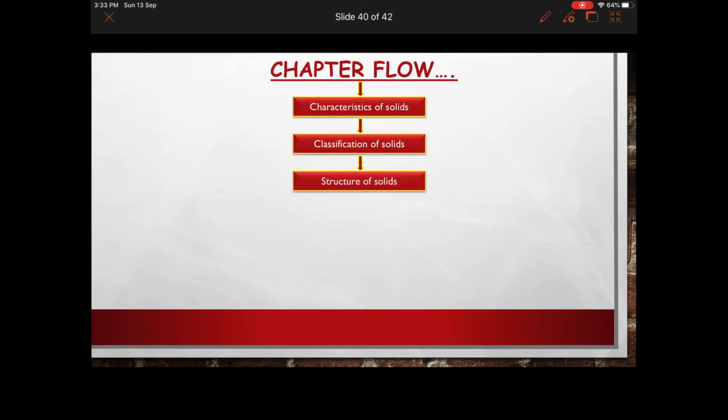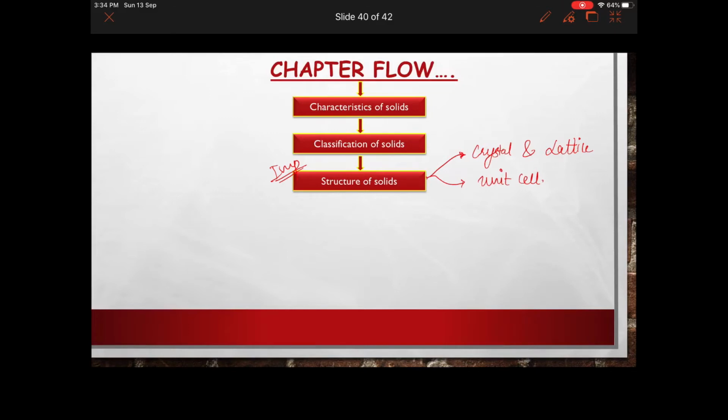Then we moved on to structure of solids, a very important portion that was opened up from here, wherein we went deep inside at the molecular level of the structure of the solid, and we talked about a very important thing, that was nothing but crystal and lattice. First thing we talked about this. From that lattice we brought about a very interesting term named unit cell, the smallest repeating unit of the lattice.